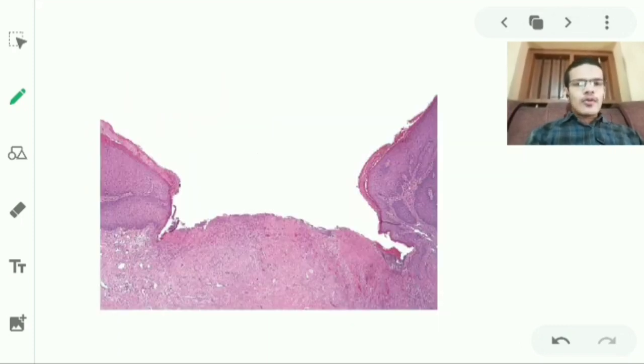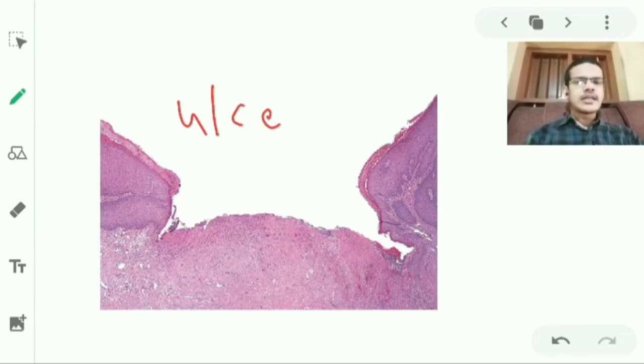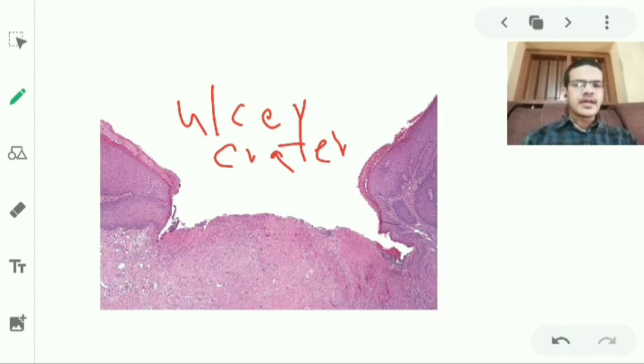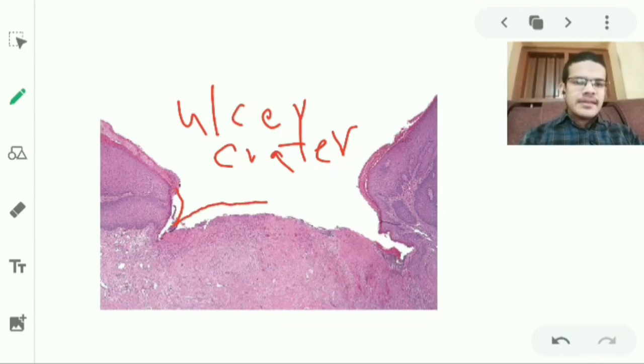Next, what is shown in the figure is the microscopic appearance of a diabetic ulcer, known as the ulcer crater. What you are seeing is the epithelial ulceration. The epithelium is shed off.